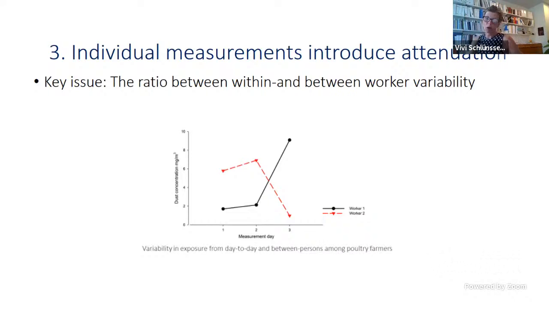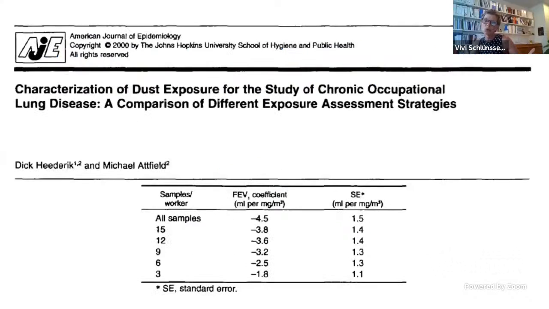And I mean, we have prepared, and I knew that Lex would use this example to show this, but it's just the most fantastic example. It really shows how a large within to between worker variability gives you a lot of attenuation if you have few measurements.